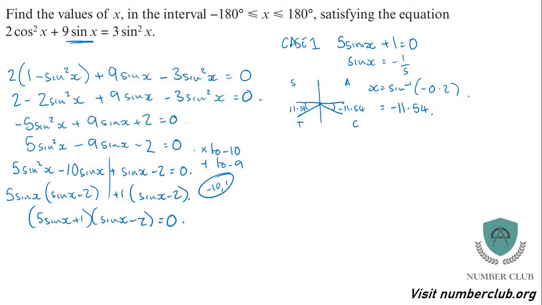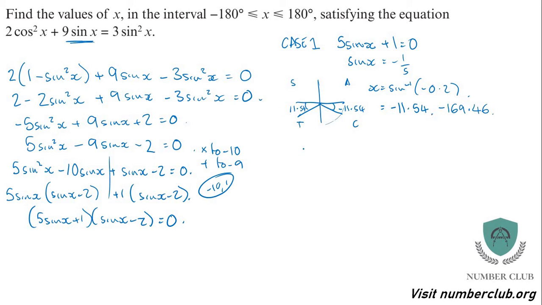That's 11.54 from 180, so 180 take away 11.54 will be 169.46. So we'll be going back that far, negative 169.46. That's going back to negative 180. Going forward to positive 180, there are no solutions generated there.